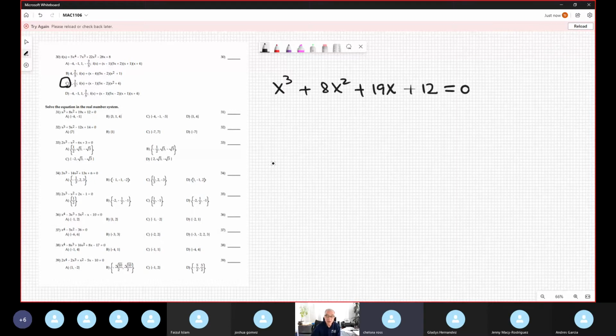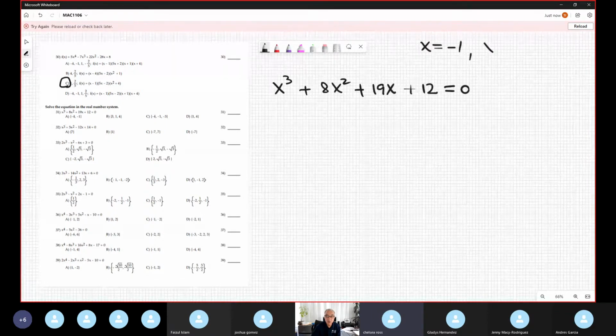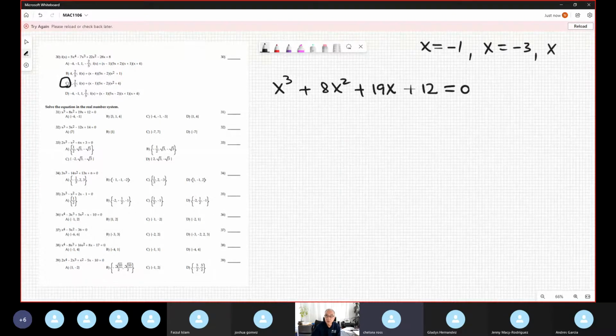In Desmos I see the zeros at x equal negative 1, at x equal negative 3, and at x equal negative 4. Oh, yes, cool, because the factors are real, 3 factors.